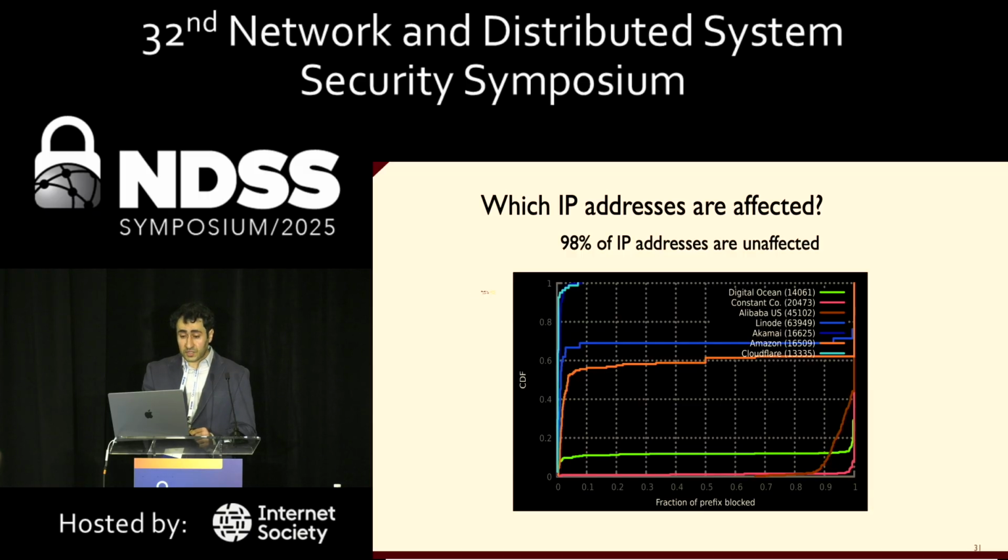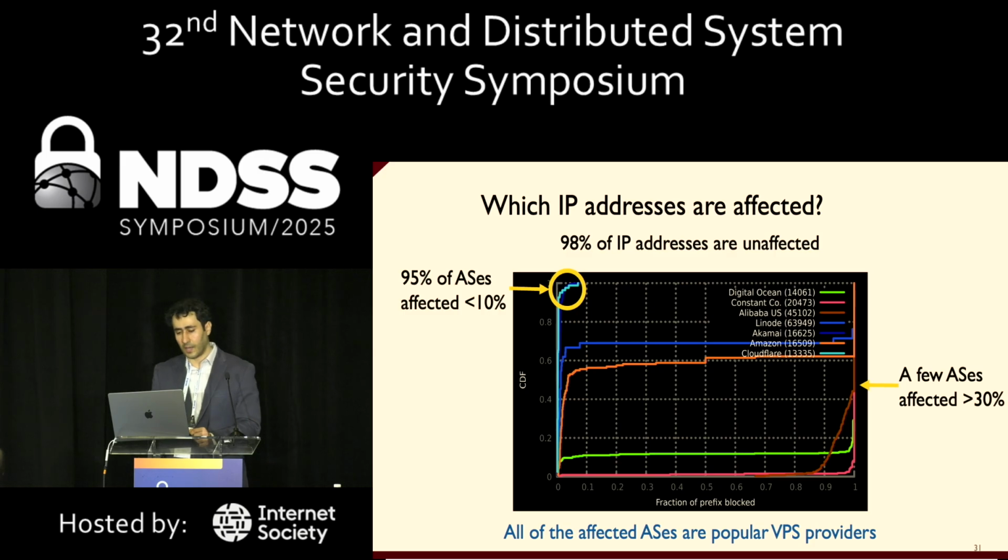So the other interesting analysis I'd like to share with you is that the blocking is only implemented on traffic going through certain autonomous systems. And these are autonomous systems that are heavily used to host these proxying technologies.